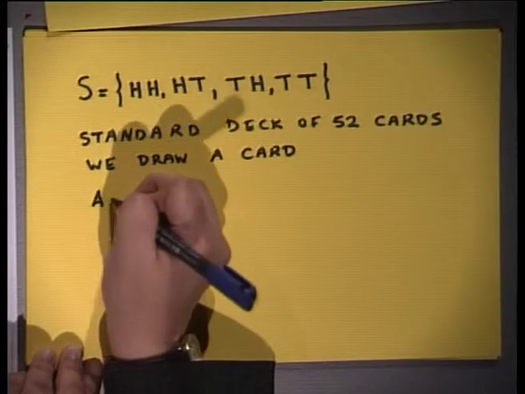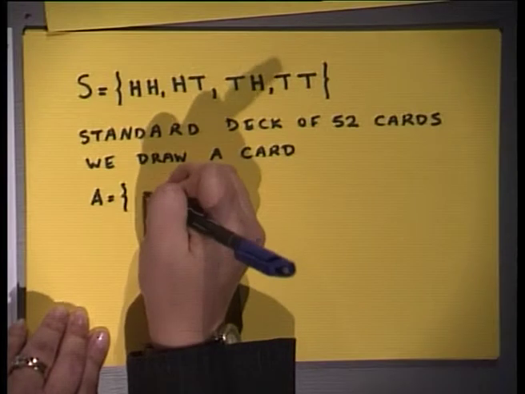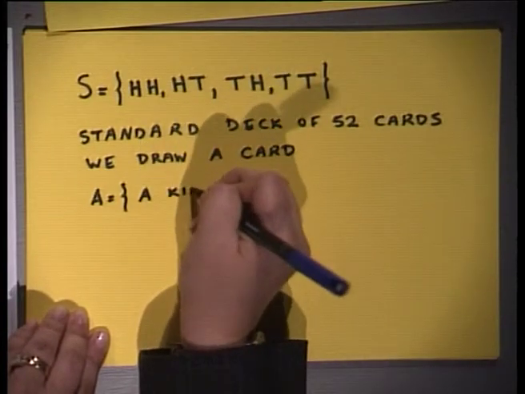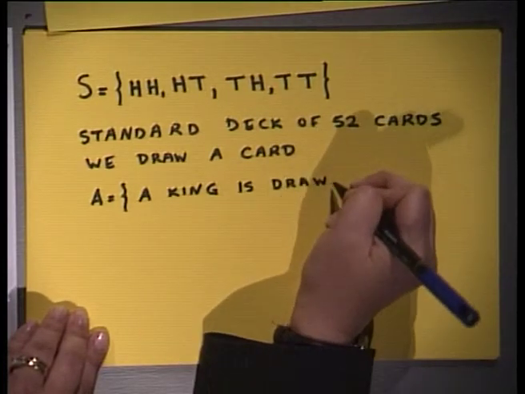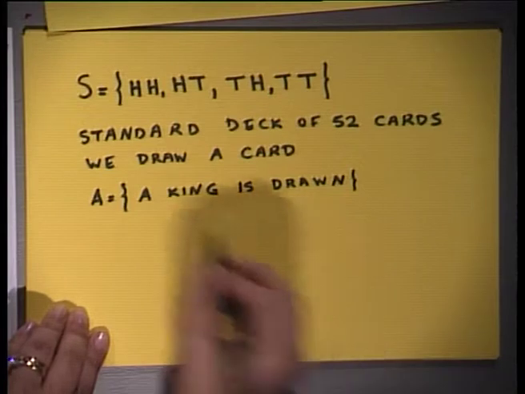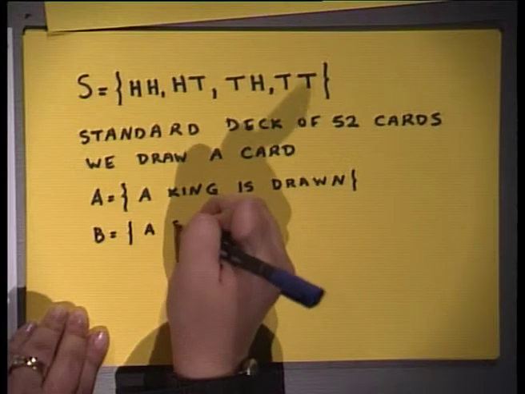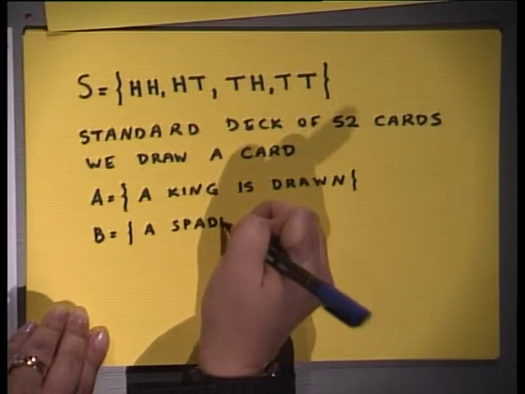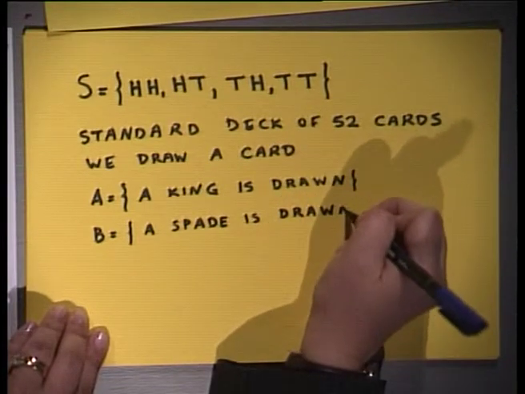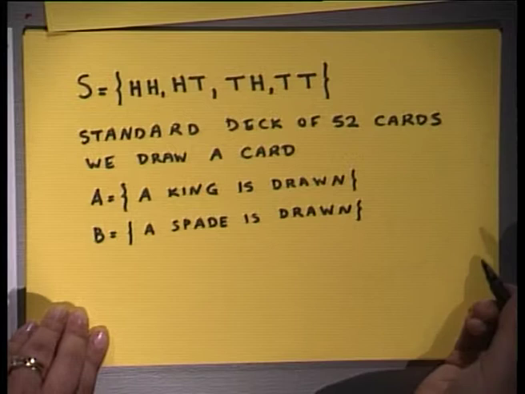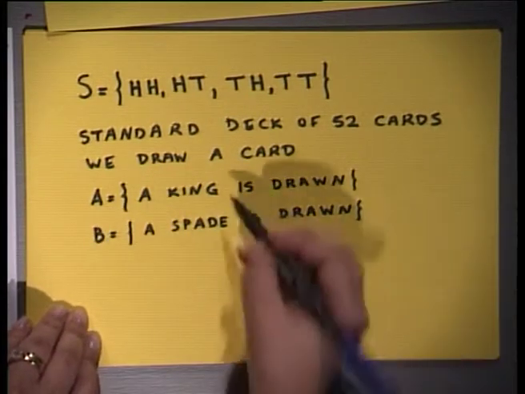Event A: we are interested if a king is drawn. Event B: the event that a spade is drawn. Now, we want to see if events A and B are independent.